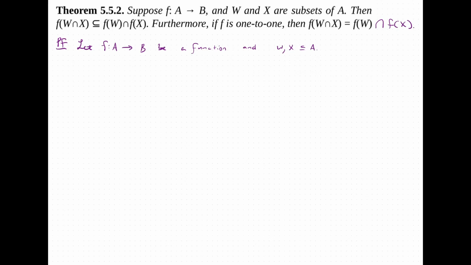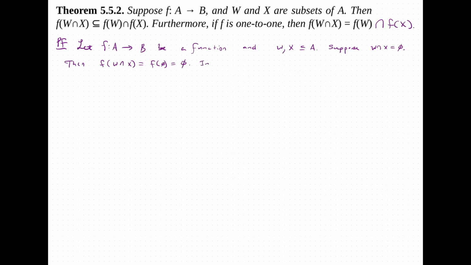So, suppose W intersect X is empty. Then f of W intersect X is equal to f of the empty set, which is going to be equal to the empty set. But the empty set is a subset of any set.